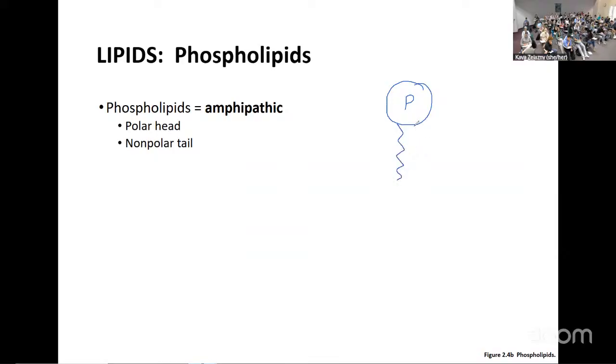And they're going to look just like the tails on the triglyceride, except there's 1 fewer. So here's our polar part of the molecule, attracted to water, polar and hydrophilic. And here's our nonpolar part, just composed of carbons and hydrogens.